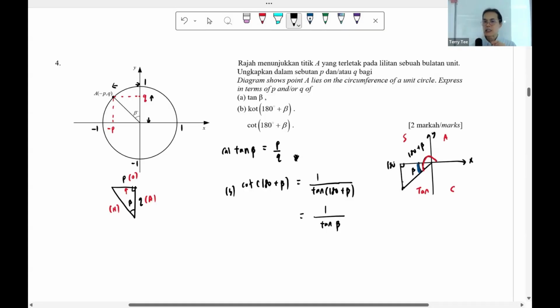But you need to remember, if this is quadrant 3 and it is sine, you need to put a negative. If it's cos, you need to put a negative. Because in ASTC, quadrant 3, only tangent is positive. The rest are negative, right? Now, let us read tangent beta from part A. Substitute inside 1 over p over q. You flip it upside down. Your answer is just q over p.